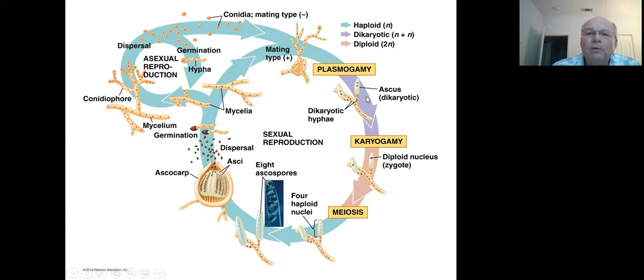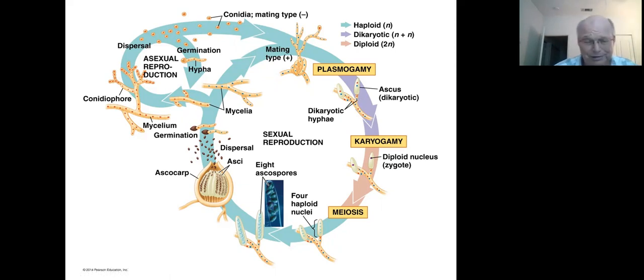The ascus will develop as a consequence of this fusion, but what initially develops is the dikaryotic hypha. I ought to be a little bit more definitive here about the dikaryotic hypha, because I mentioned that when I was talking about the general life cycle.